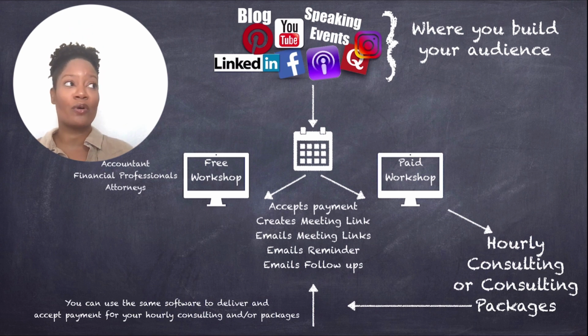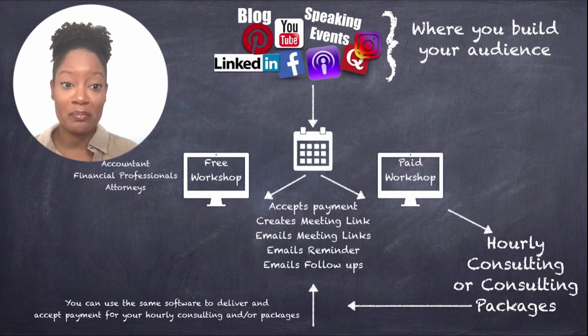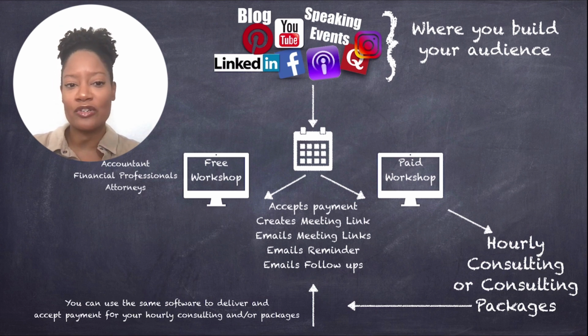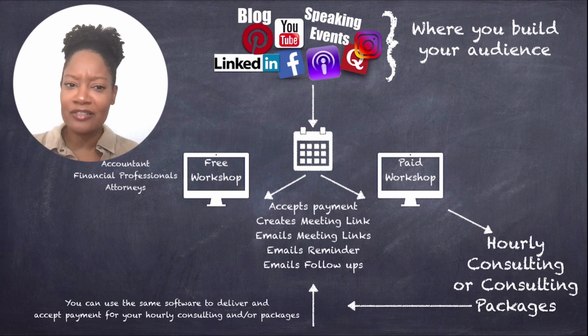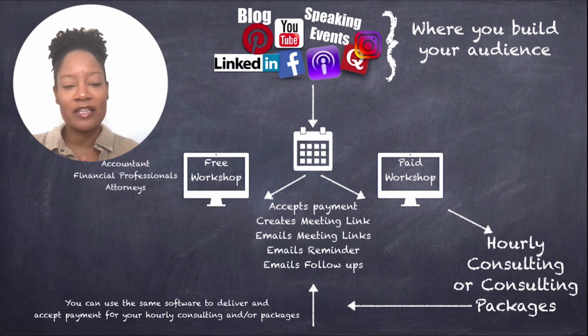Webinar software is almost $100 a month, and it only does a webinar. And especially when you're just starting out, you may not have enough people for a whole webinar, and a capital outlay of $100 can be a bit much. In this case, if you use Calendly, it's $12. If you use Acuity, it's $14.